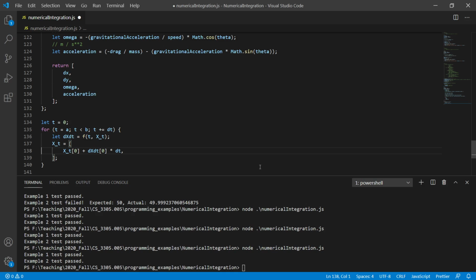We have some initial position, we move it forward some unit in time, and then we account for the change in position, by having that unit in time multiplied by the rate of change at that point in time.